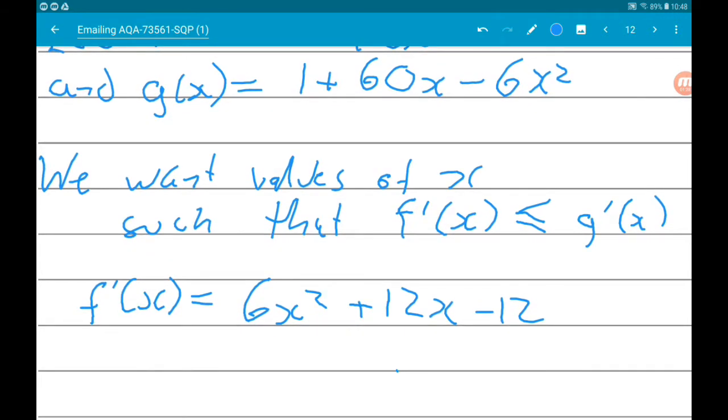G dashed of x, well, that's going to be 60 minus 12x.